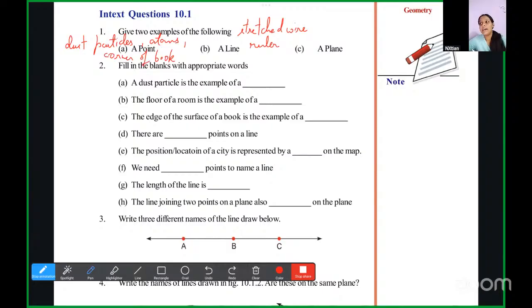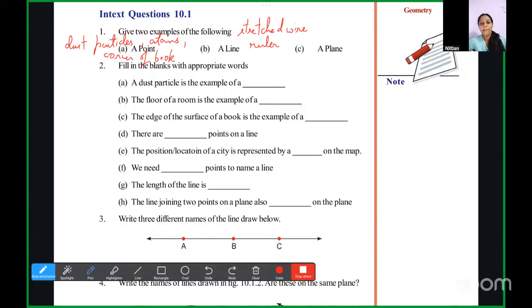But they shouldn't have mass. Just a dot they would be. Not a thing that has entire mass. Or if the mass is there, then it should be very, very less.